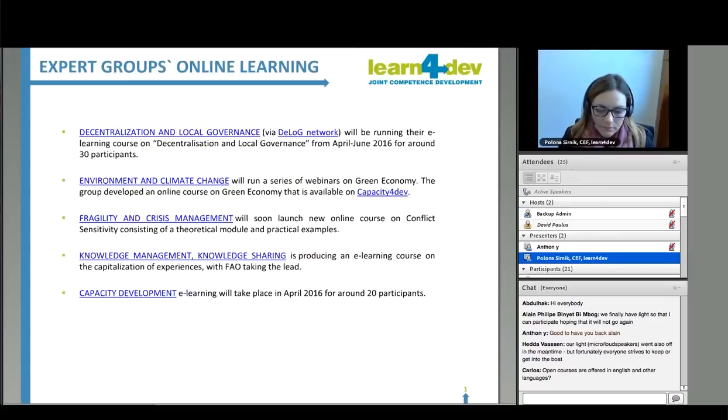Then in addition to these online opportunities of member organizations, also expert groups are cooperating and offer e-learnings. For instance, at the moment, decentralization and local governance offers a course on decentralization and local governance, and it will be run from April to June for around 40 participants.